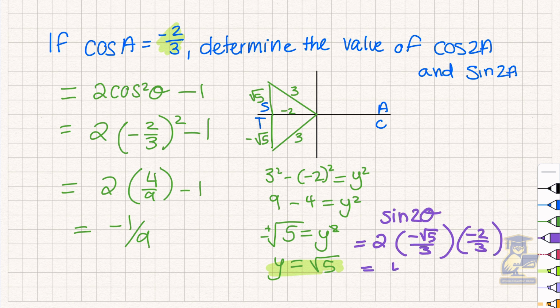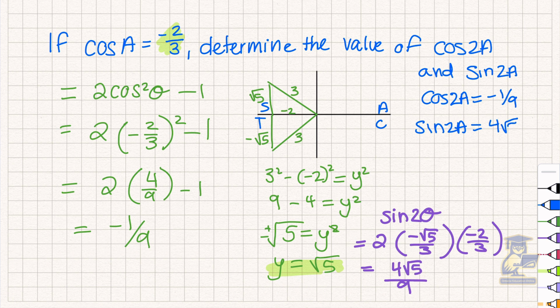So that gives us 4√5 over 9. So we found cos of 2a is -1 over 9. And we found sine of 2a, which is 4√5 over 9.